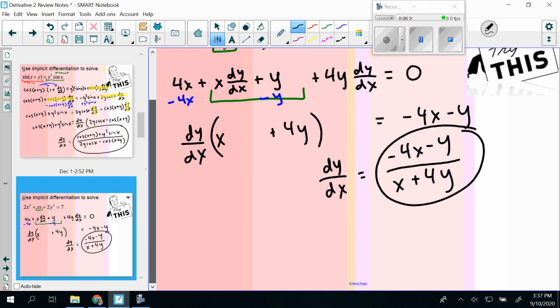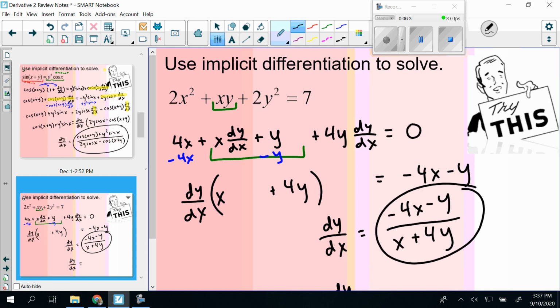One thing to note on AP tests, if this was a multiple choice, one thing they may do, especially since there's two negatives here, is they might take those negative signs and move them out in front.